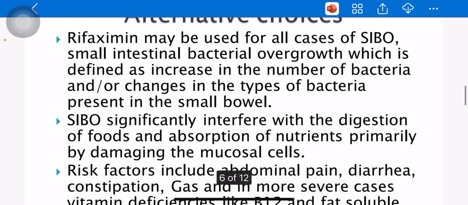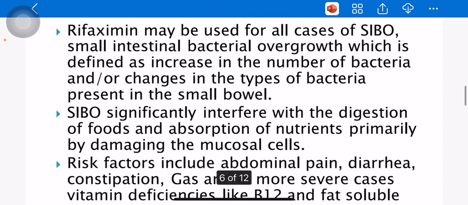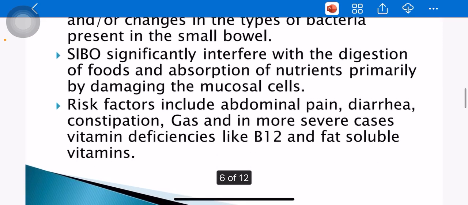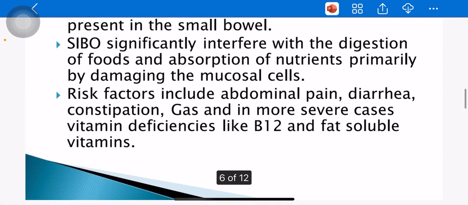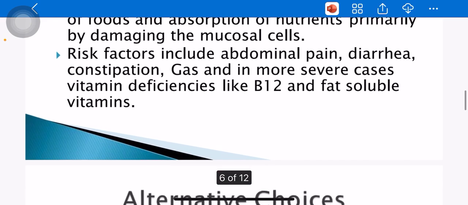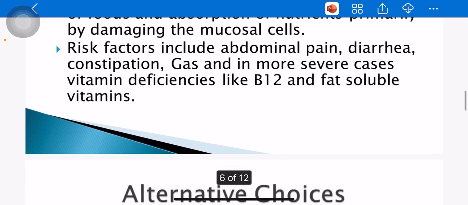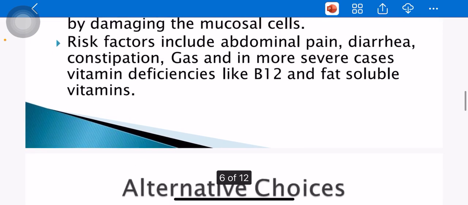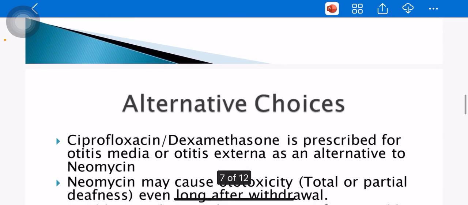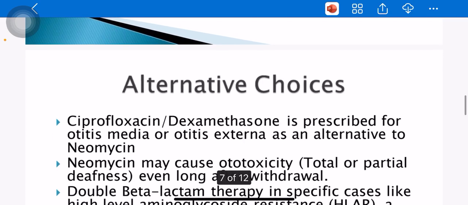SIBO significantly interferes with the digestion of food and absorption of nutrients, primarily by damaging the mucosal cells. Symptoms include abdominal pain, diarrhea, constipation, gas, and in more severe cases, vitamin deficiencies like B12, cobalamin, and fat-soluble vitamins like vitamin E, D, A, and K, which may cause unwanted severe reactions.